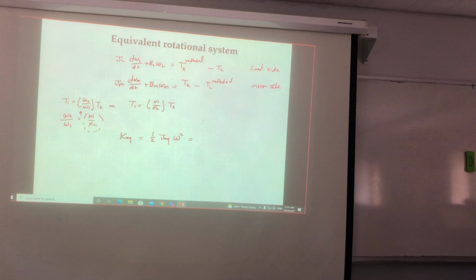This must equal the summation. The kinetic energy of the motor side is 1 over 2 J motor omega motor squared, plus 1 over 2 J load omega load squared.